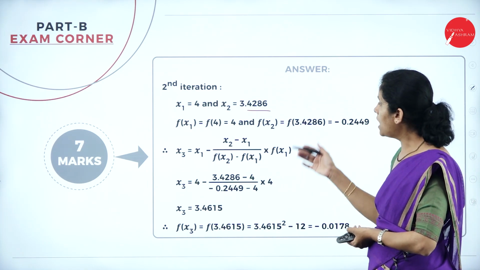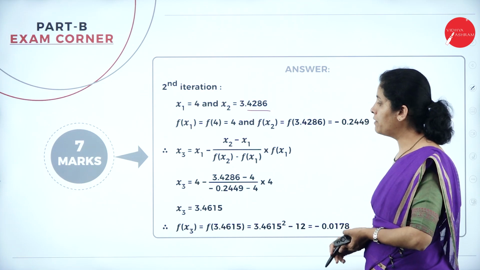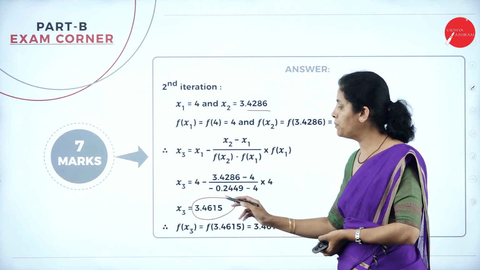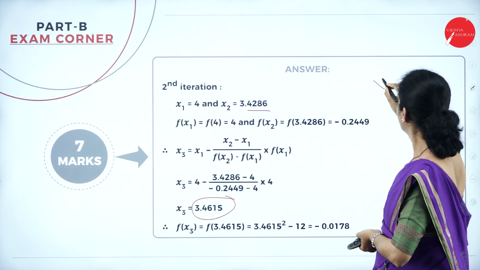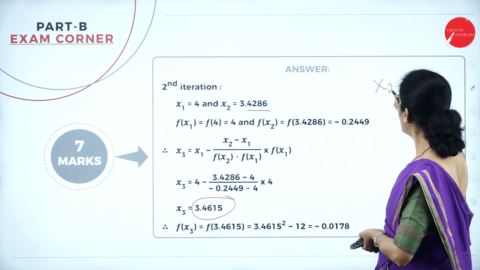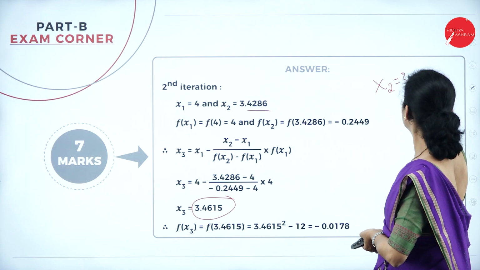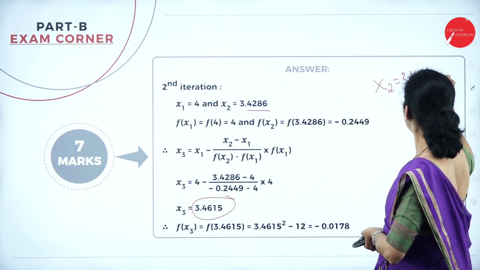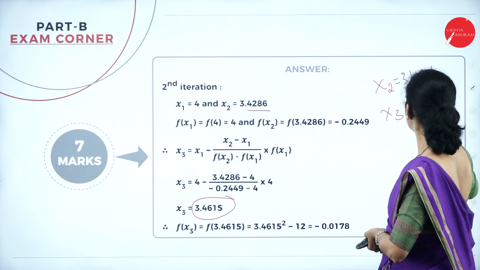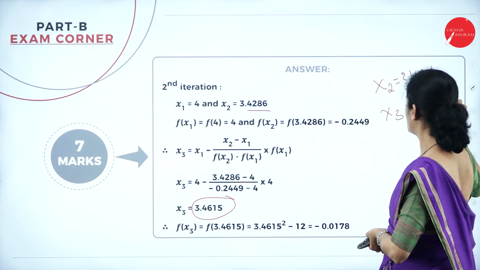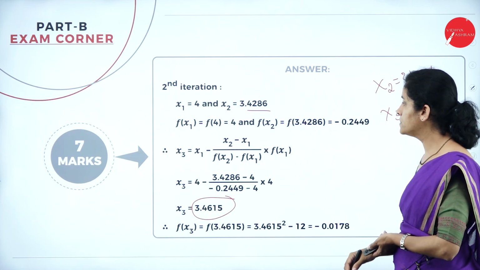Now I'm going to substitute the values. See, I'm getting 3.4615. What about x2 now? x2 is nothing but 3.4286. Then what about x3? That is nothing but 3.461. Okay, see here.